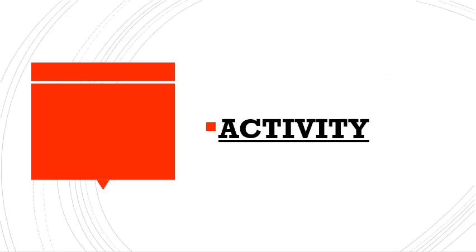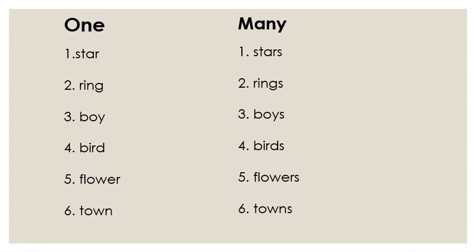Understood? Now, it's time to do an activity. Here, that's what's given. From one, we have to write into many. So what we have to do? We have to add S to the end of the word.